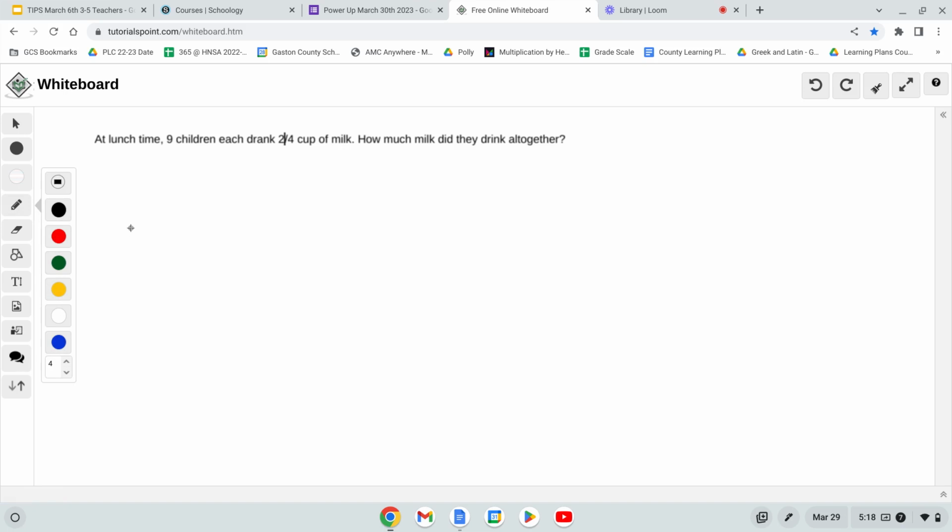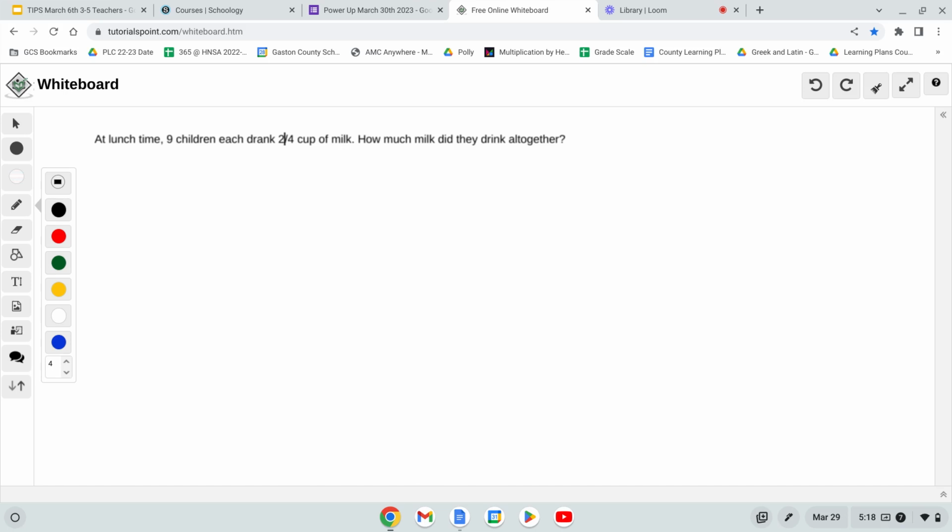So now we're going to try to solve this. What kind of equation is this? Well, I know there's fractions involved, and I also know that 9 children each drank 2/4 of something. So that's the same as each child was doing some sort of, like, they were passing out something.